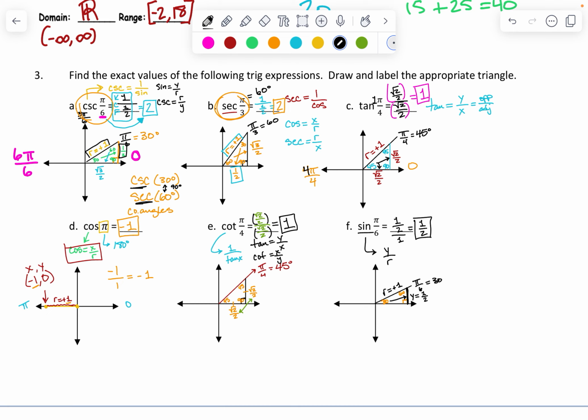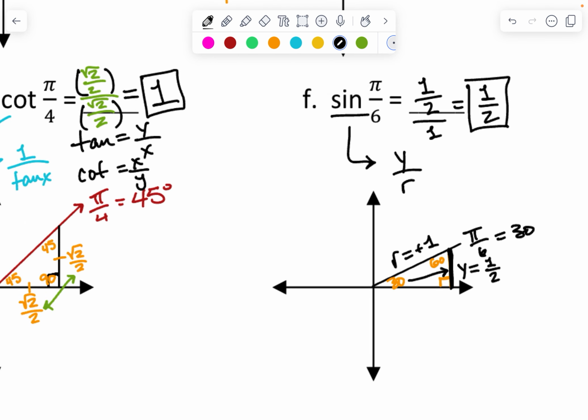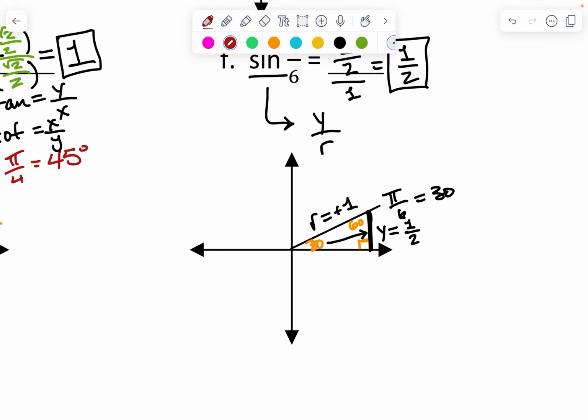Just make sure all of these, except for D, were in quadrant number 1. Be sure that if you're given any questions in another quadrant, you remember that in quadrant 1, x is positive and y is positive. When you go to quadrant 2, you've had to move left, which means your x is negative.